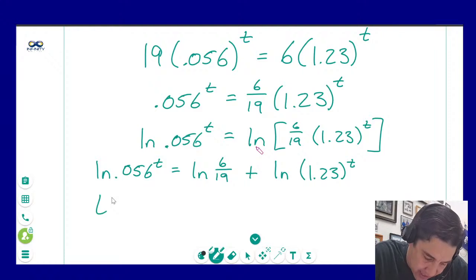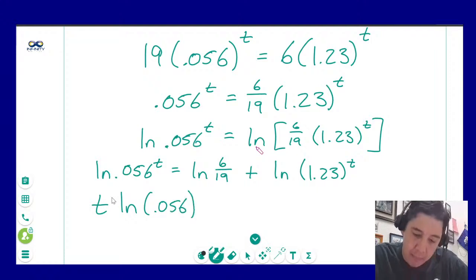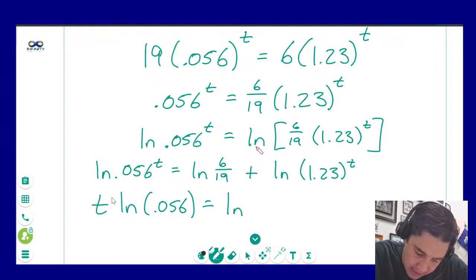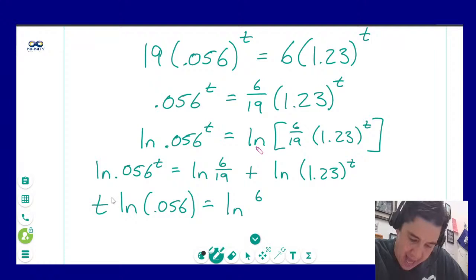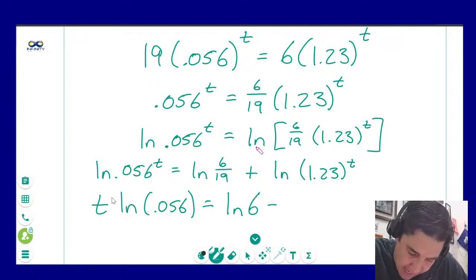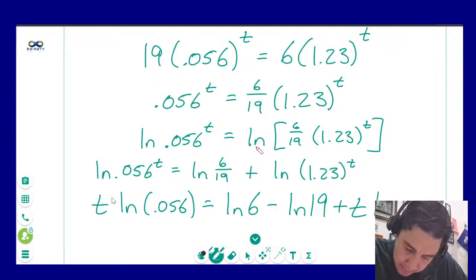So I will have t ln of 0.056 equals ln of 6 over 19, which is actually ln of 6 minus ln of 19, plus t ln of 1.23.